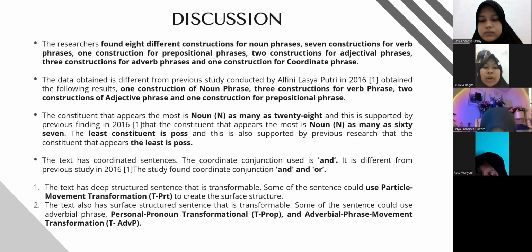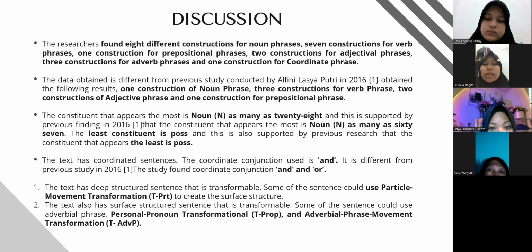The data obtained is different from the previous study conducted by Alvini Putri in 2016, which obtained the following results: 1 construction of noun phrase, 3 constructions for verb phrase, 2 constructions of adjective phrase, and 1 construction for prepositional phrase. The constituent that appears the most is noun, as many as 28, and this is supported by the previous finding in 2016 that the constituent that appears the most is noun, as many as 67. The least constituent is possessive noun, and this is also supported by previous research.